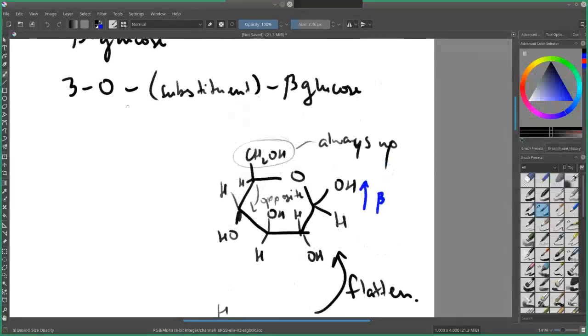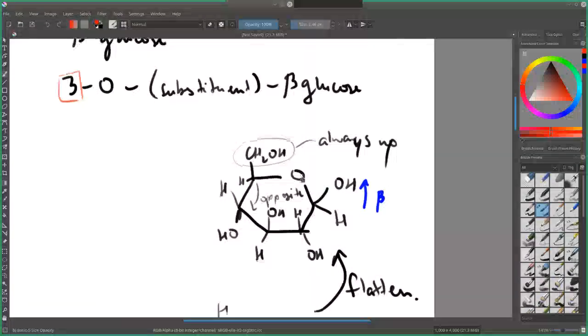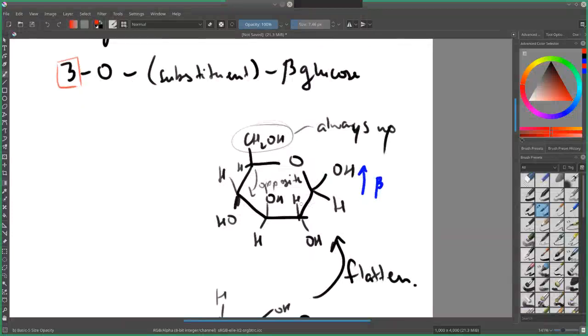Okay. And then we want the third oxygen. So we want number 3. And the way the ordering works here is that you start with the anomeric carbon and then you go 2 and 3.